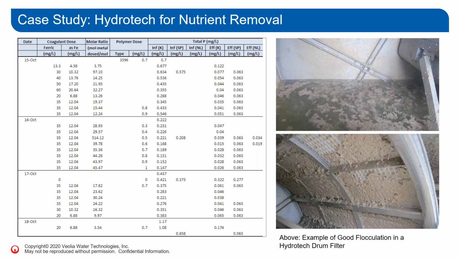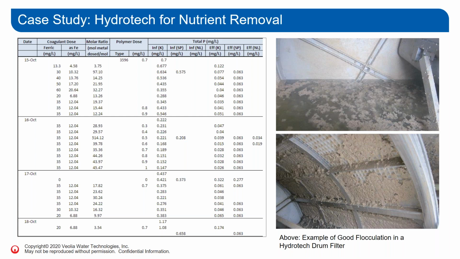So as you saw with the DAF effluent, we got close to 1 milligram per liter, but let's say your permit requires less than 0.5, which is not uncommon with the upcoming permits. And we also remember that once you go to less than 1 milligram per liter of phosphorus, your molar ratios jump substantially up. So here's an excellent example.